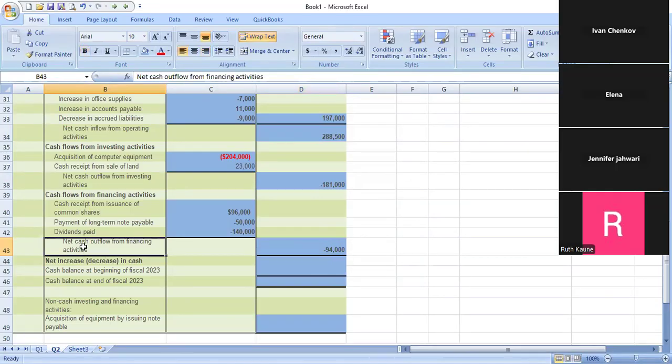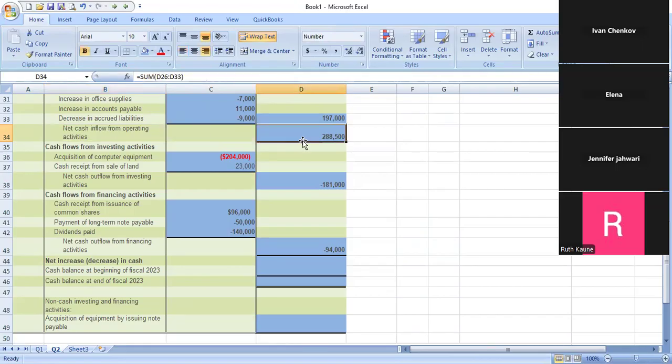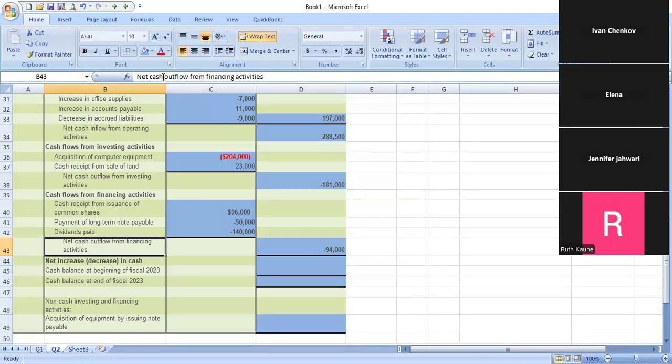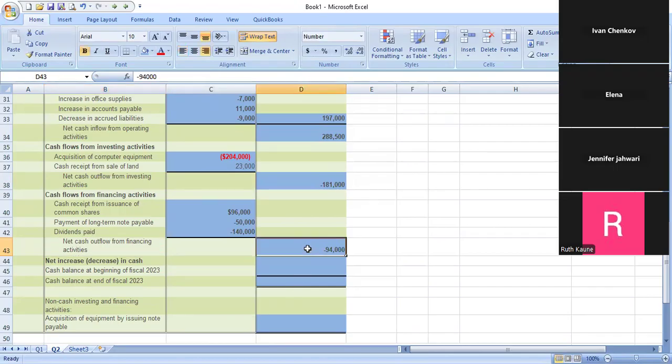Otherwise, it will be net cash inflow. As you can see here, net cash inflow, that means the amount here is definitely positive. But once you see outflow, that means the amount is definitely negative. So if for some reason you forget the minus, or you're just ignoring the minus, go here, pay attention, see outflow, that means it has to be negative.